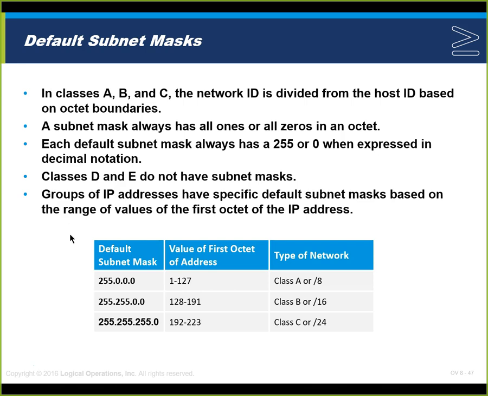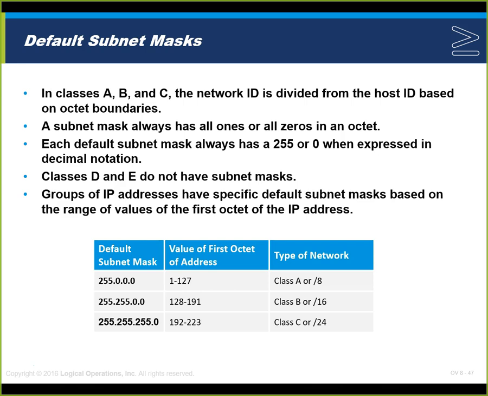We have some default subnet masks. We have classes of network addresses, and they're going to be A, B, C, D, and there is an E that is experimental. A, B, and C are the only ones that we use. D is going to be multicast, which we can't do anything with.